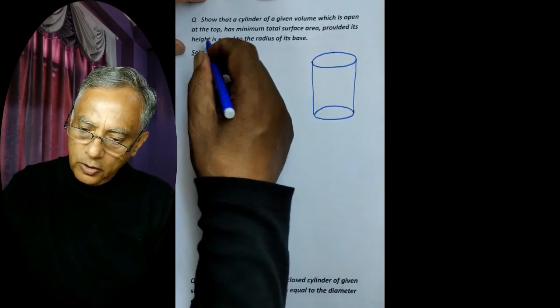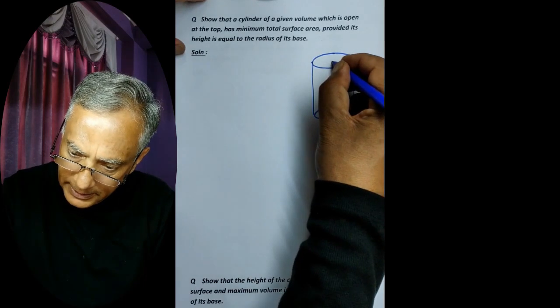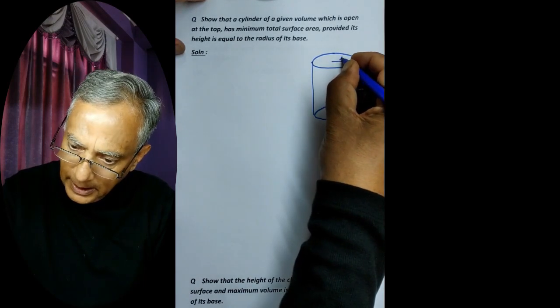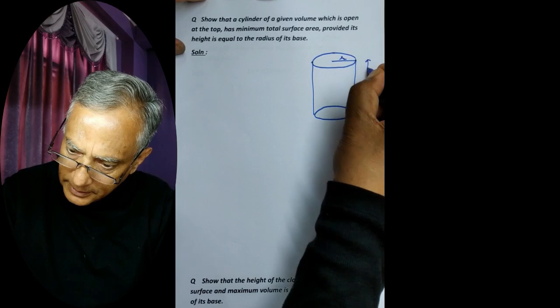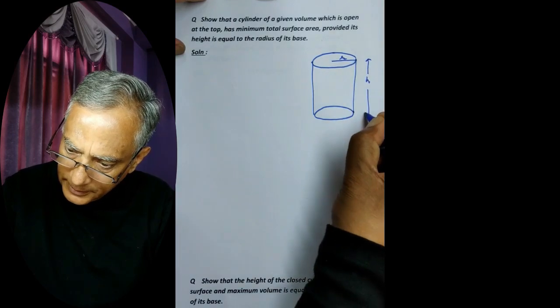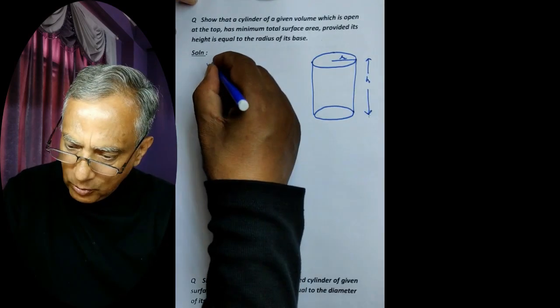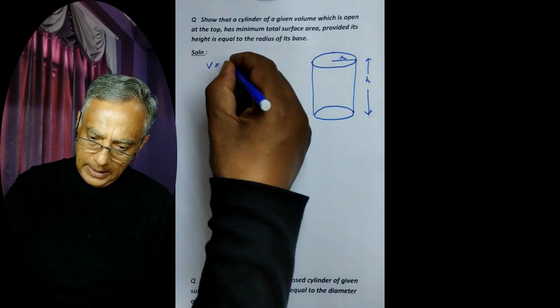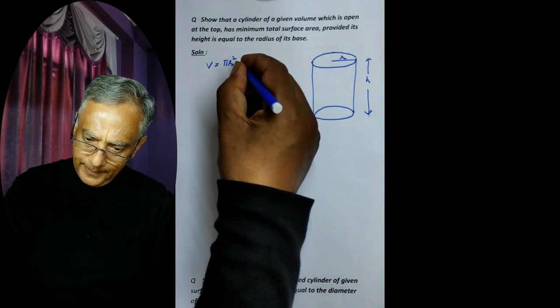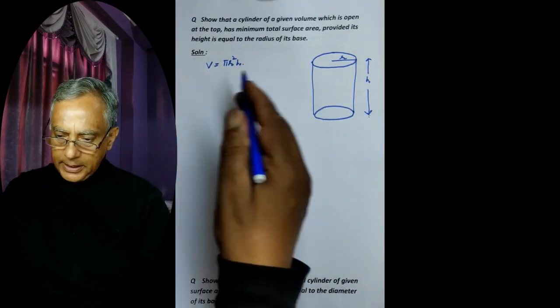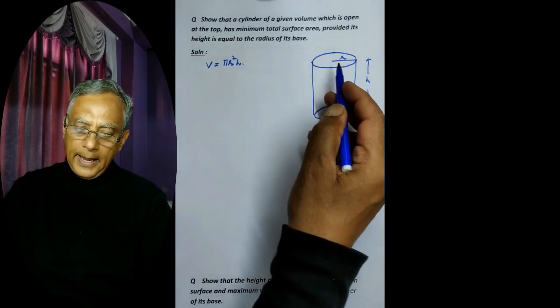Now first, volume is given. Let this be R and this height be H. V is equal to pi R square H. Volume of the cylinder is pi R square H.